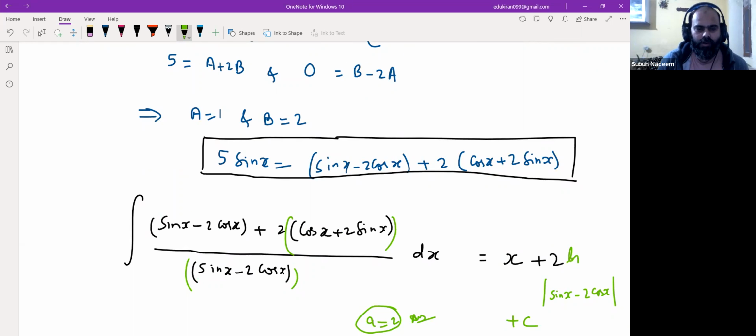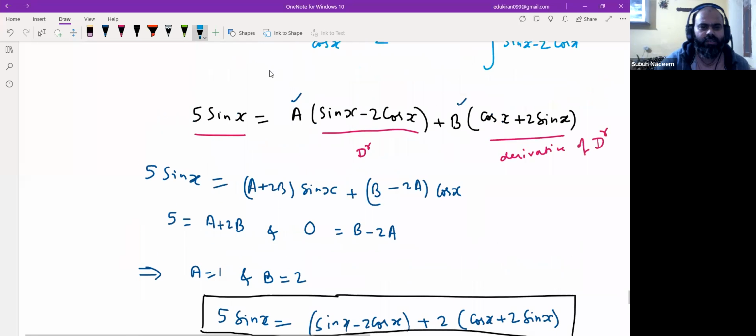I didn't understand how you split 5 sin x into the denominator plus 2 times the denominator's derivative. So I have done this thing, that I have supposed that 5 sin x is a times this denominator plus b times its derivative. Now, can we find such a and b? So what we have done, we have equated the coefficients of sin x and cos x on both sides and found a and b.